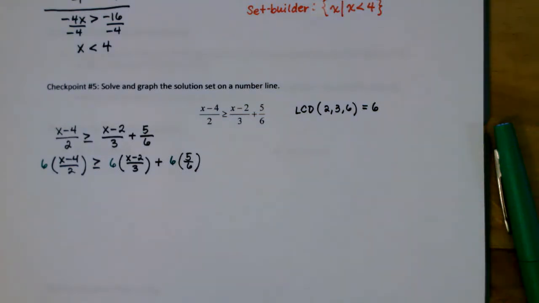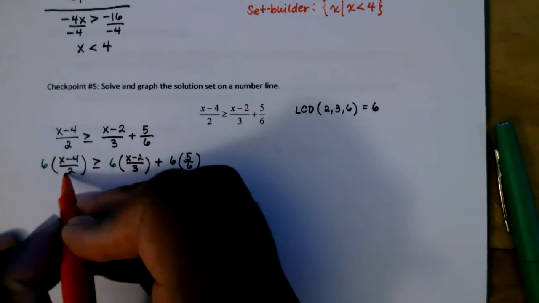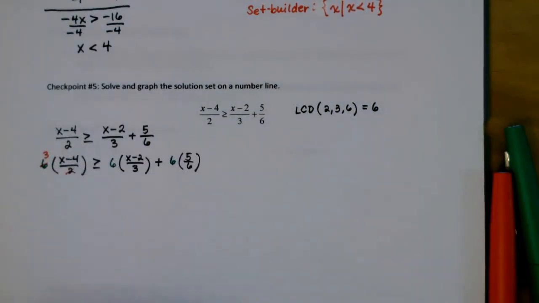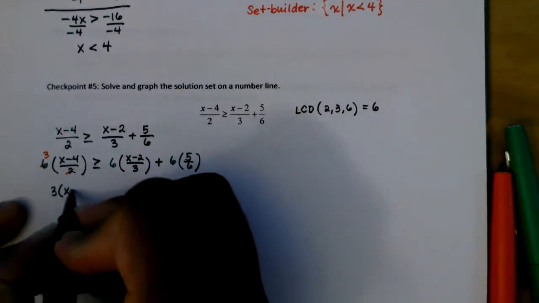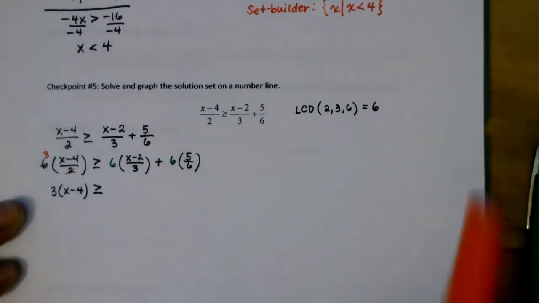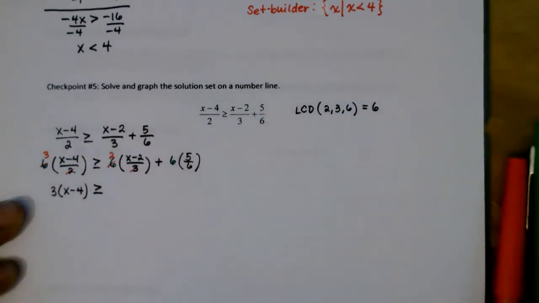In this case, I'm going to simplify all of this. So on the left side, this 2 goes into 6 3 times. So I'm going to have 3 times the quantity x minus 4 is greater than or equal to, this 3 goes into 6 2 times.